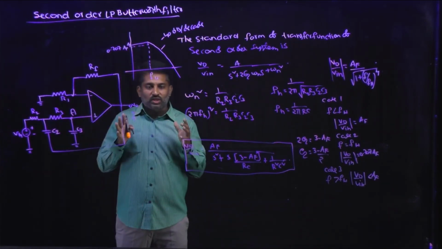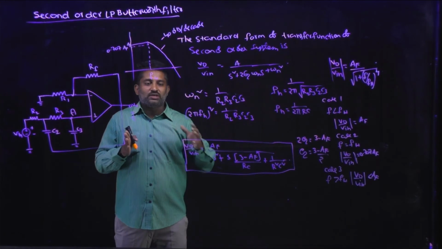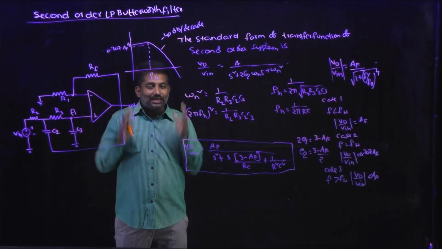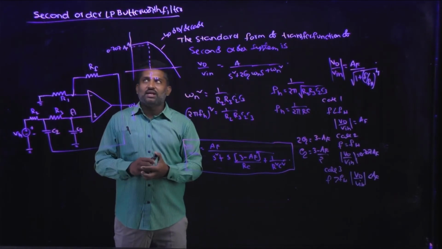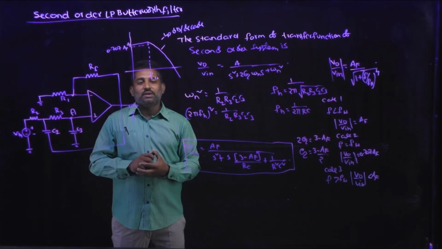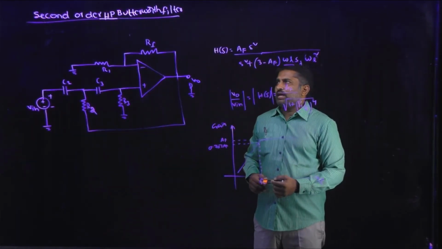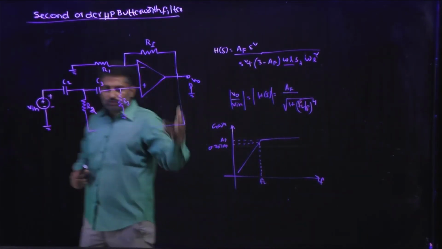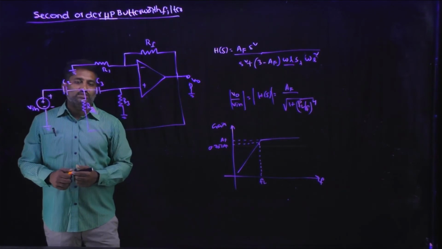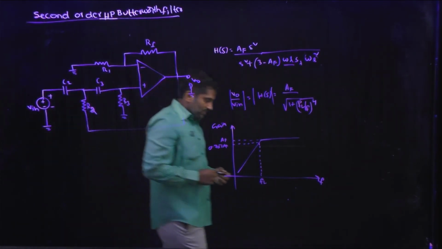Once you know the second order low pass Butterworth filter analysis clearly, then you can easily understand the second order high pass Butterworth filter. This is the circuit we are going to use for the analysis of the second order high pass Butterworth filter.